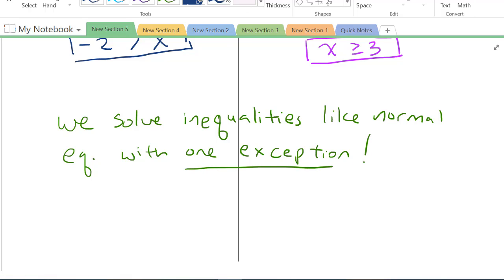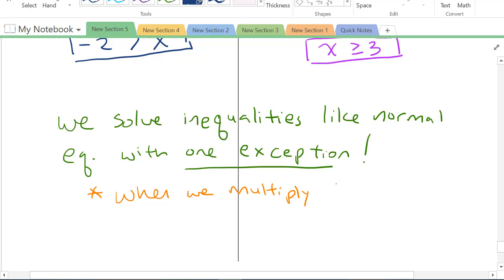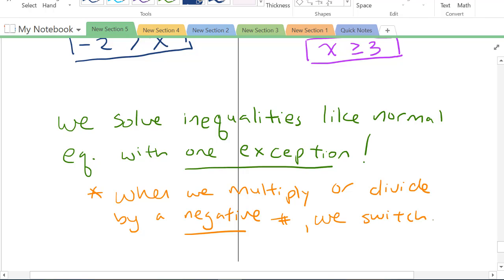So what's the one exception? The one exception is that when we multiply or divide by a negative number, we switch the inequality.